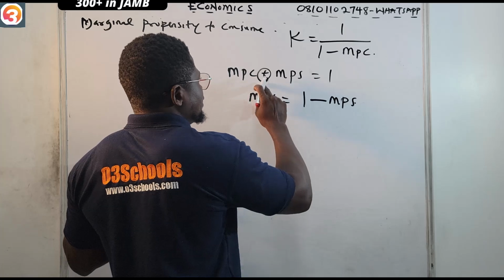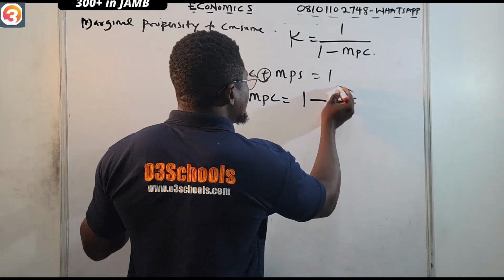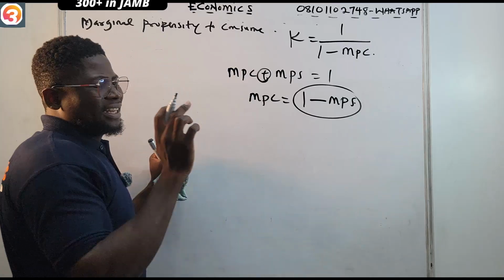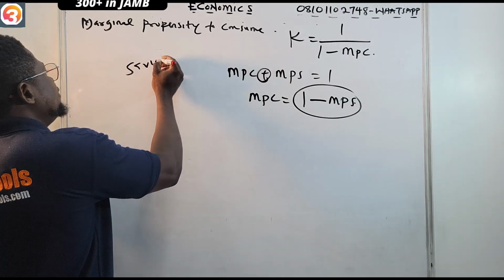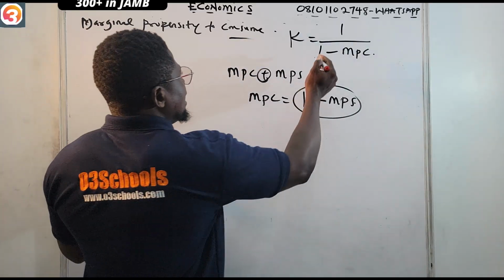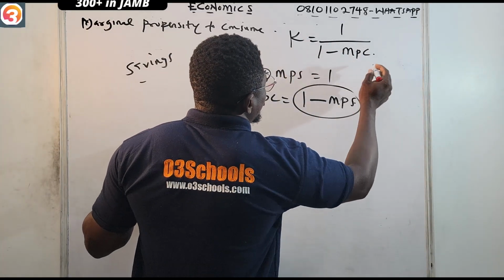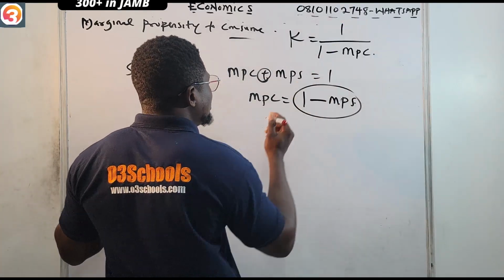It is positive, but crossing the sign of equality, it turns negative. So if we substitute this value into the formula, we can find a formula in terms of savings. This K equals 1 over 1 minus MPC is in terms of consumption. But in terms of savings, we can substitute this into here.